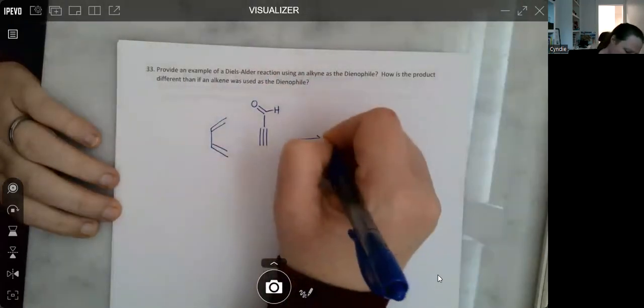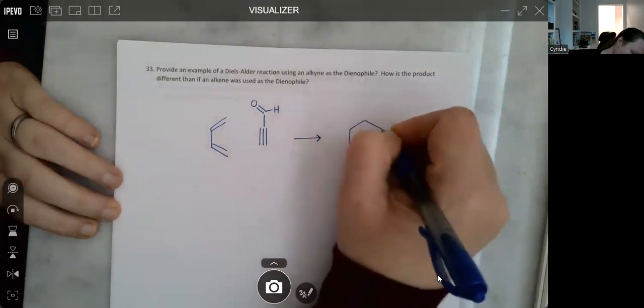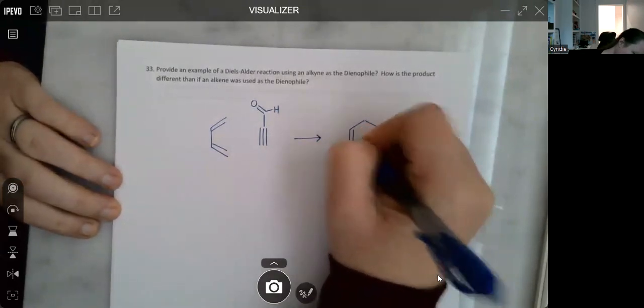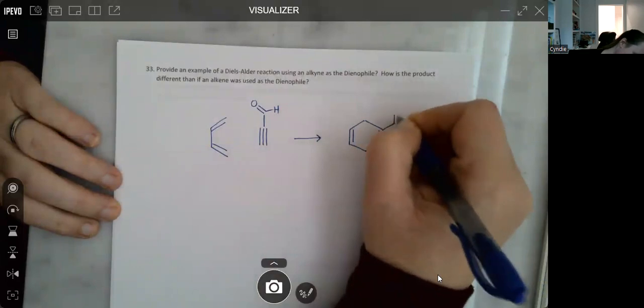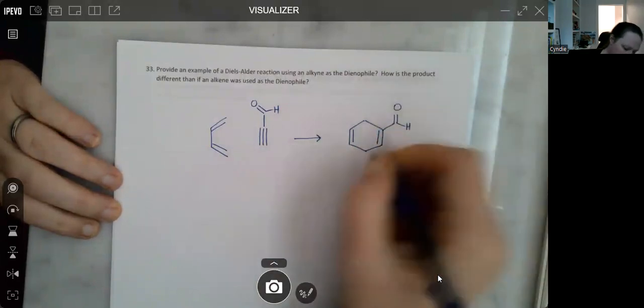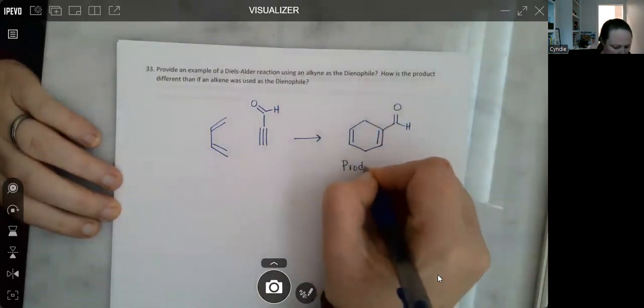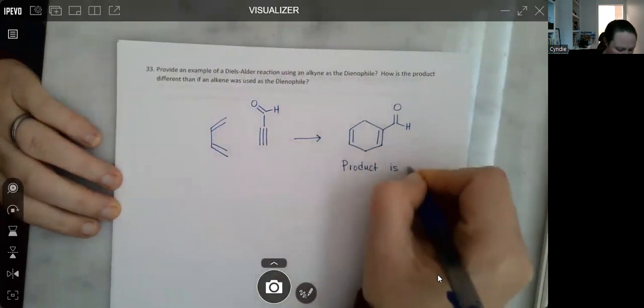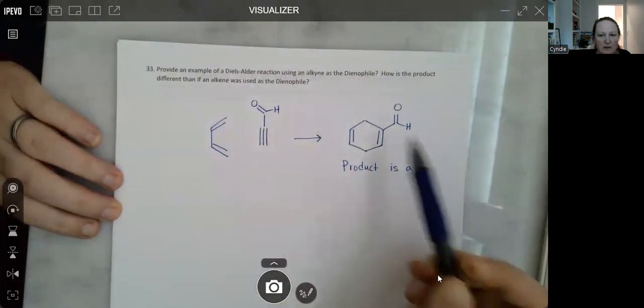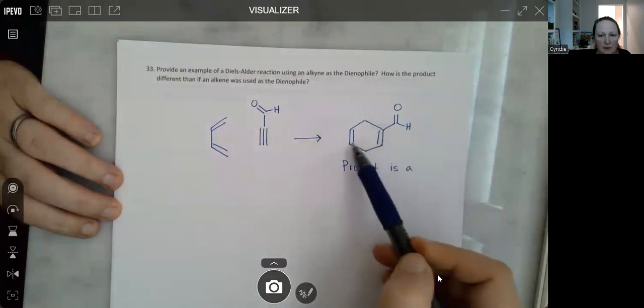And the product would be, instead of a cyclohexene derivative, so we would start counting here. 1, 2, 3, 4.